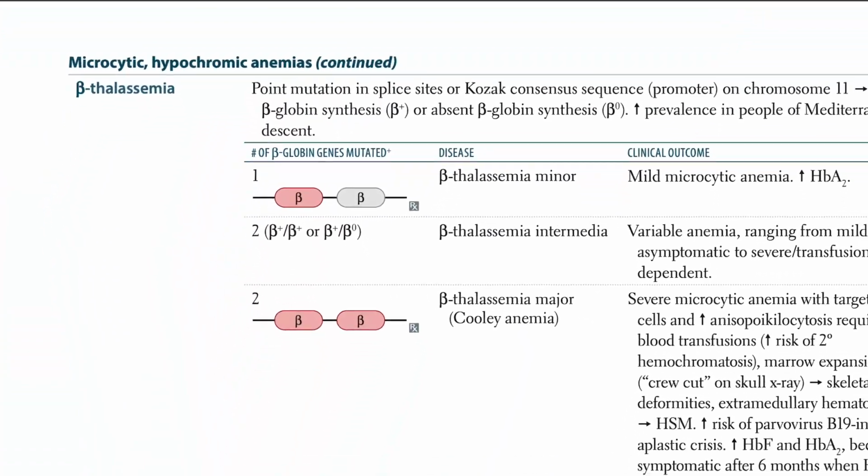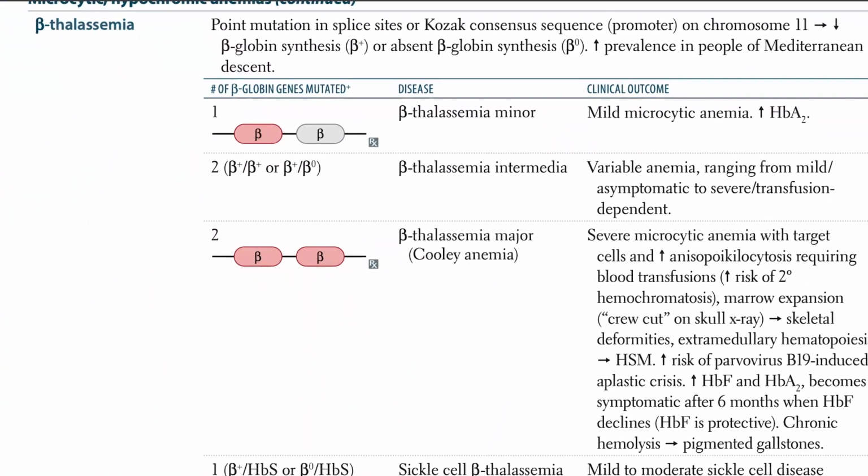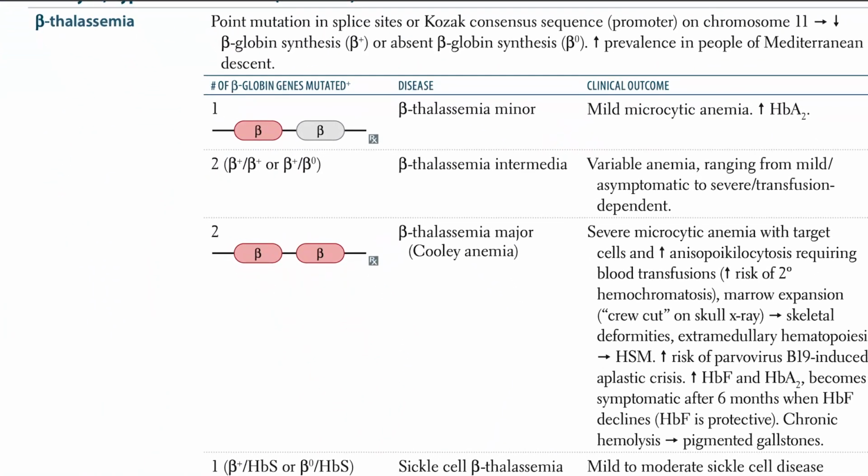Now let's talk about the beta thalassemias. In beta thalassemia, you don't have a deletion, you have a point mutation. Where? In the splice site or the Kozak consensus sequence promoter region. Again, there's a point mutation in the splice site or in the promoter region on chromosome 11.